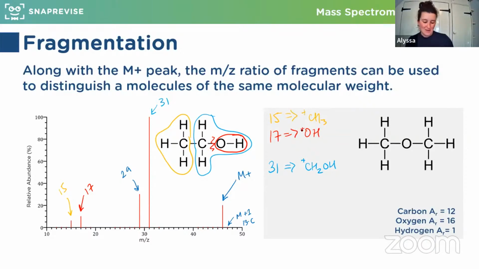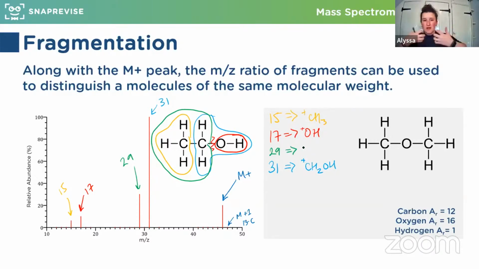Good, really nice. It looks like other people have recognized that as well, and we're absolutely right. That means if we've snapped it at that point, then the rest of the molecule is our peak at 29. This molecule doesn't fragment in many other ways apart from those we've recognized here.